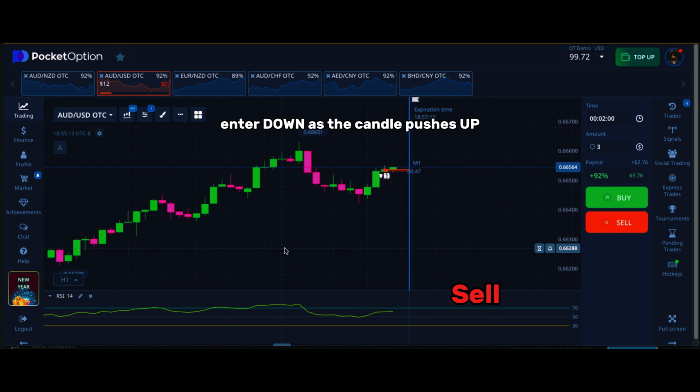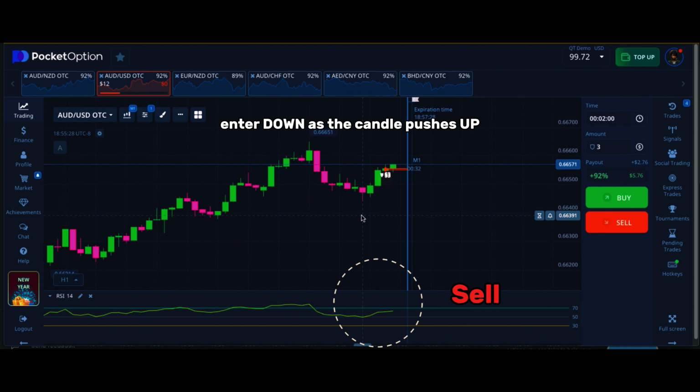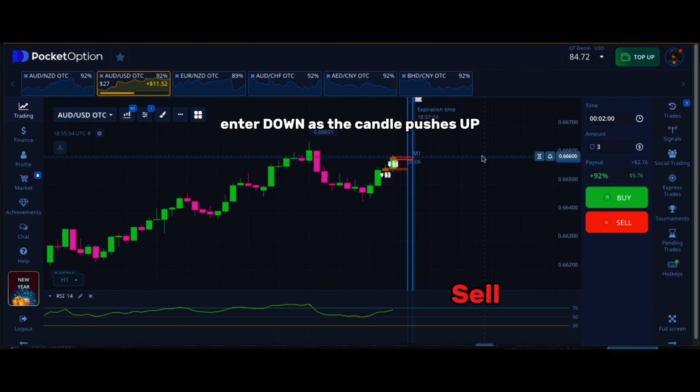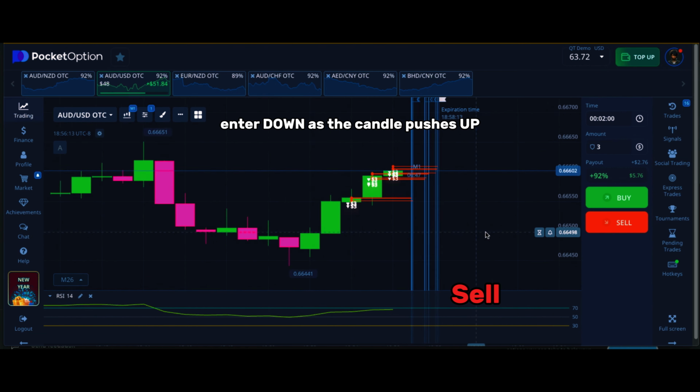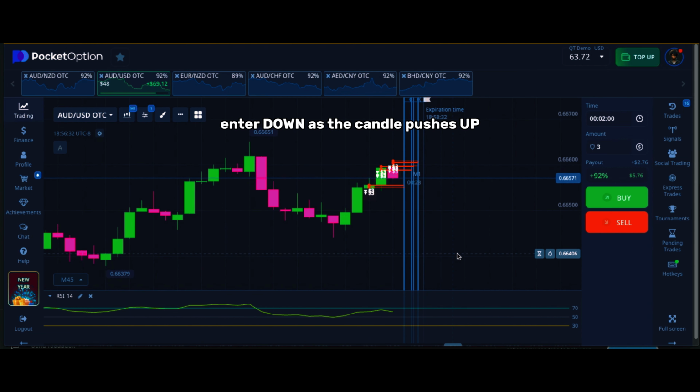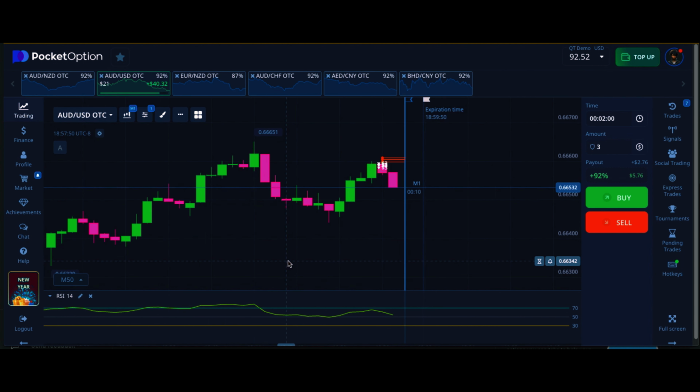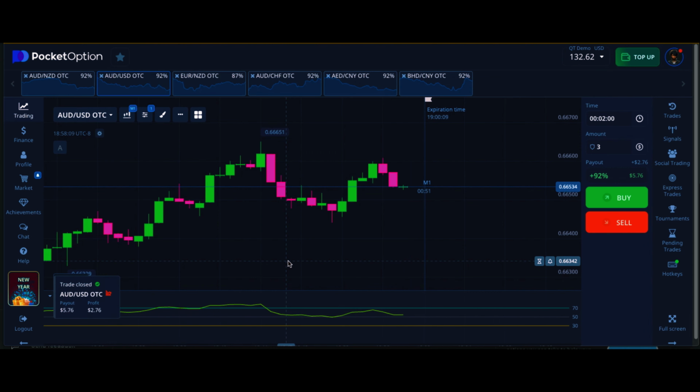You're only making the entries for this particular situation is pushing up and the RSI signal is under the 70. All right, got that one.